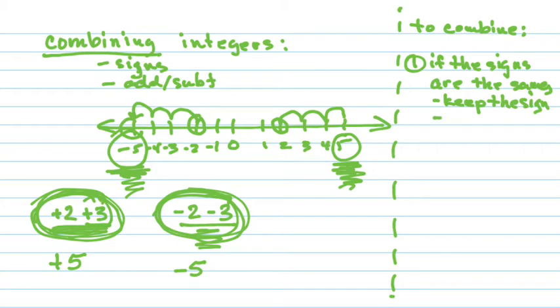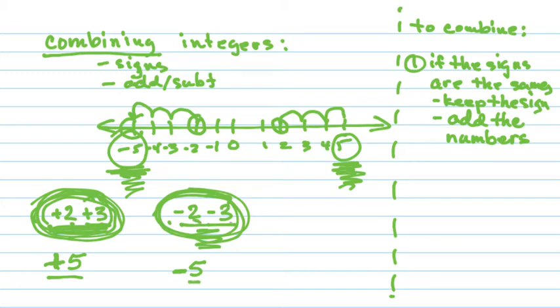Second part of it is, and what you'll do is add the numbers. So keep the sign, and add the numbers. So here, a positive and a positive made a positive, and 2 plus 3 is 5. A negative and a negative combine to make a negative, and 2 and 3 make 5.